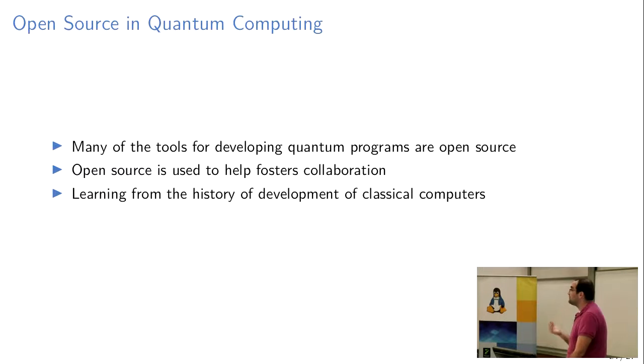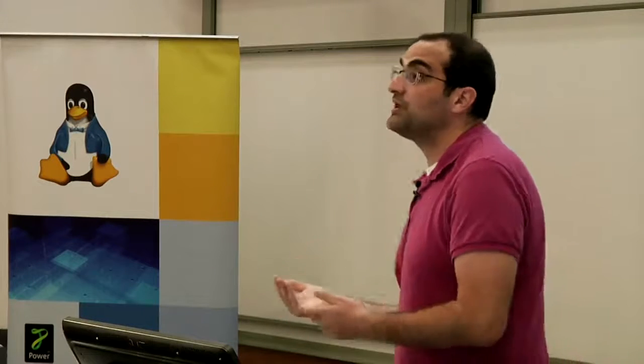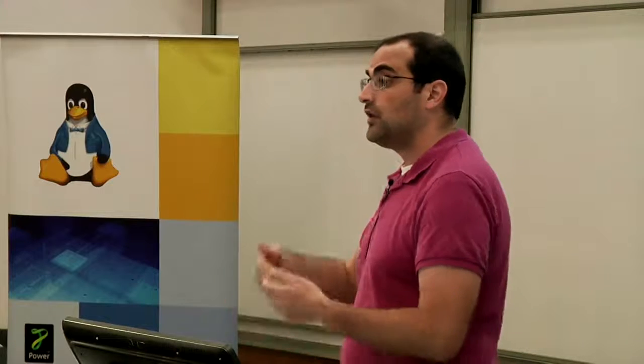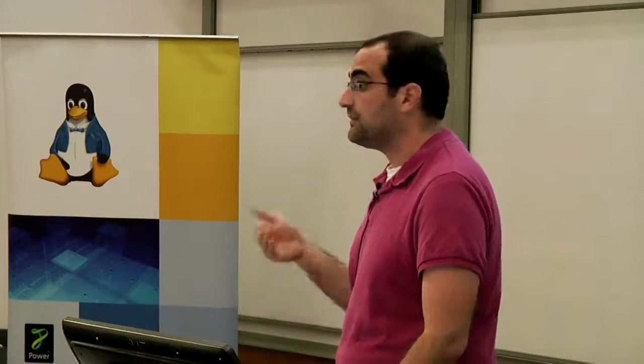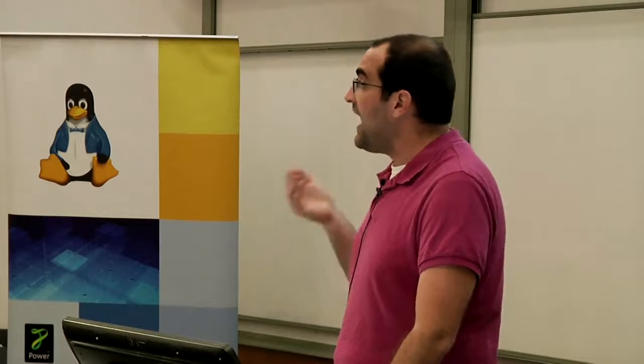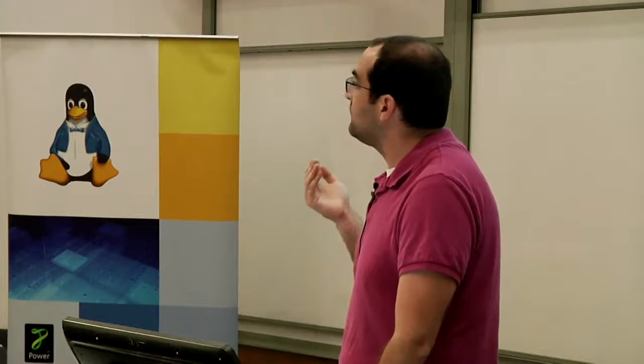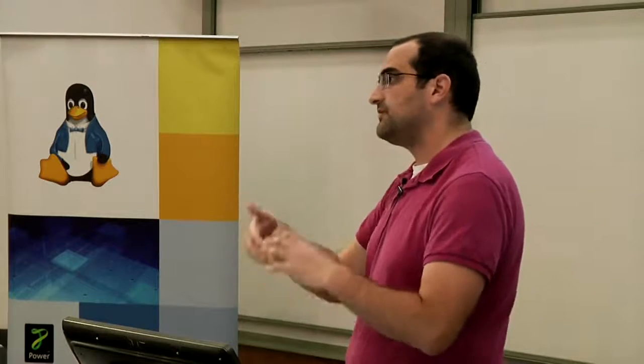So leveraging open source allows collaboration across multiple institutions and people all over the world to figure out how we can use these devices we have today, and also how to push the software of the future to run things on these quantum computers. And the other thing that I find really interesting is that we've learned lessons from the development of classical computers.